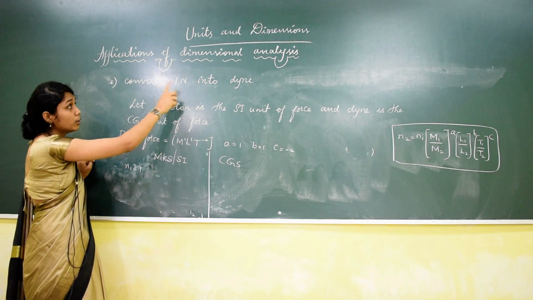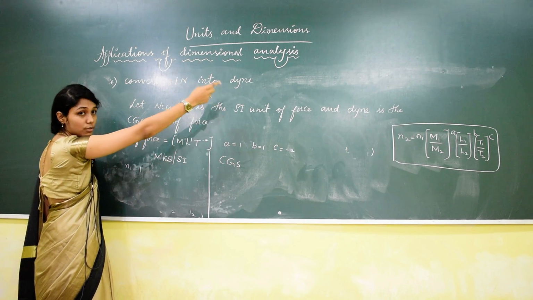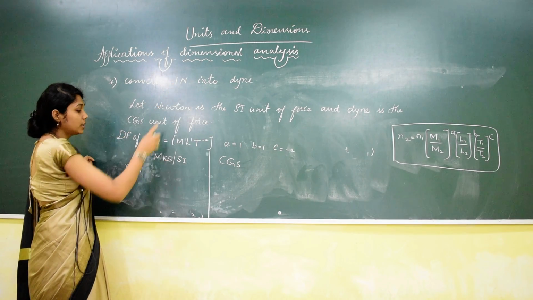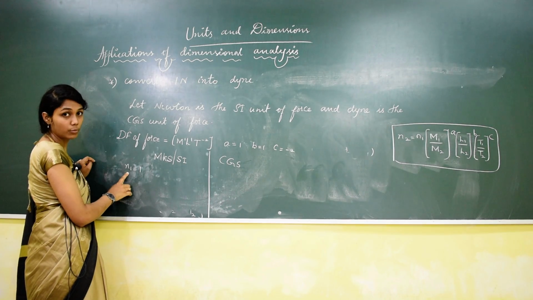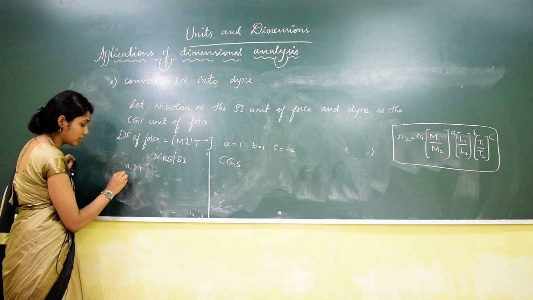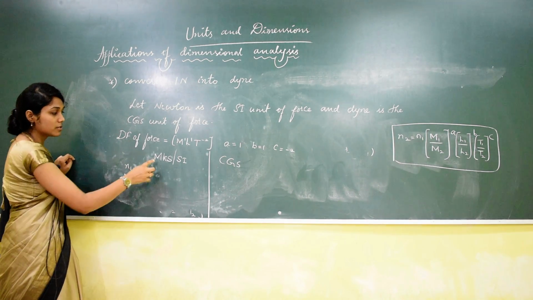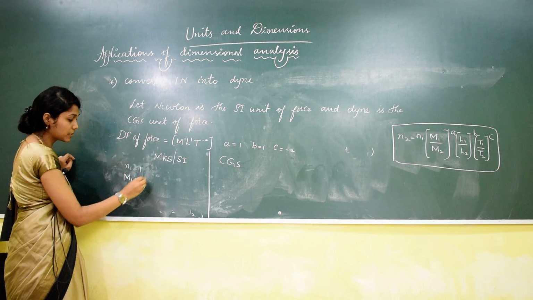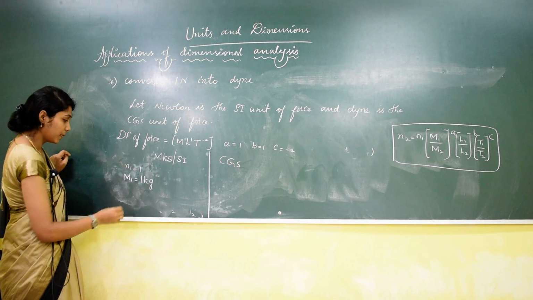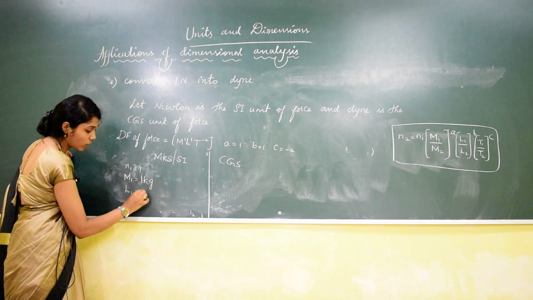I don't know 1 Newton is equal to how much dyne, but I have to find it by using that formula. So n1 is equal to 1. Then what is M1 here? Mass can be represented in terms of kg, so 1 kg. And then we have length L1, that is 1 meter.